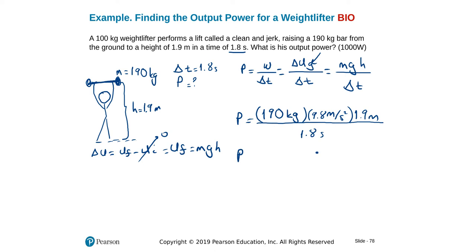After we do these calculations, I believe I have the value here. I'll just put it in. The power of the person will be 1965.44 watts, the unit of power.